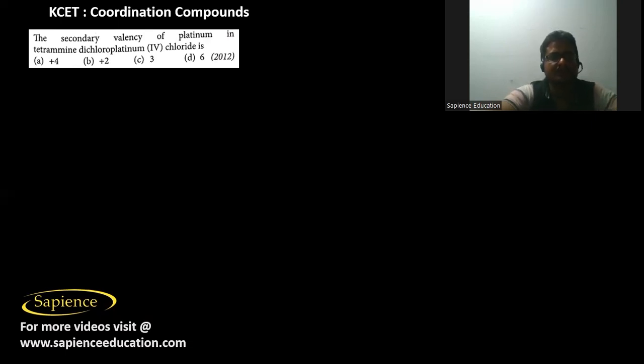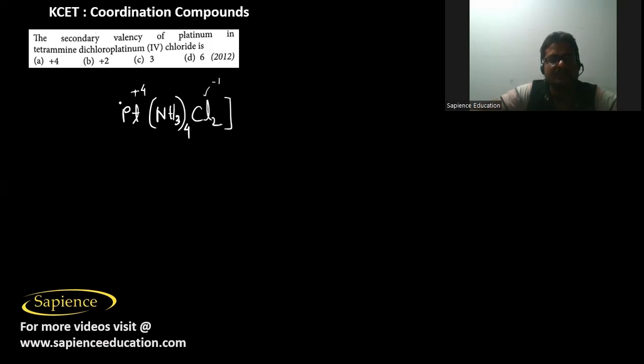Then it is asked, the secondary valency of platinum in tetraamminedichloroplatinum chloride. So the formula will be [Pt(NH3)4Cl2], since it is tetraammine and dichloro, and platinum has a +4 oxidation state, since it is written (IV), and chloride will have a -1 oxidation state.